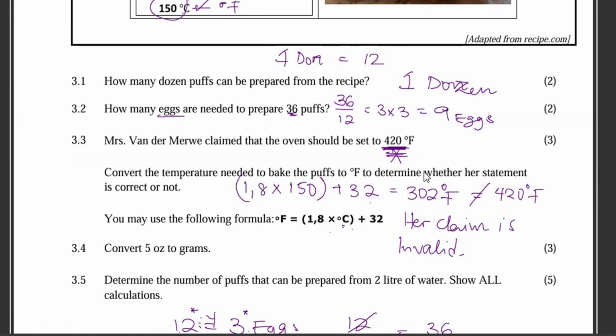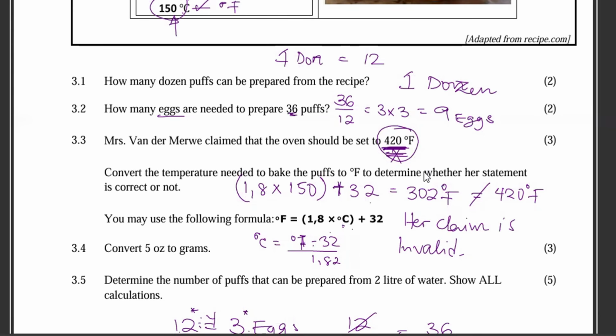Or someone else would have changed the Fahrenheit degrees to Celsius, but this one would make it harder for you because it's not given. For those who already know, they would have said Celsius equals Fahrenheit minus 32 divided by 1,8. All right. So now your aim changes. Your aim is to find 150, working backwards.